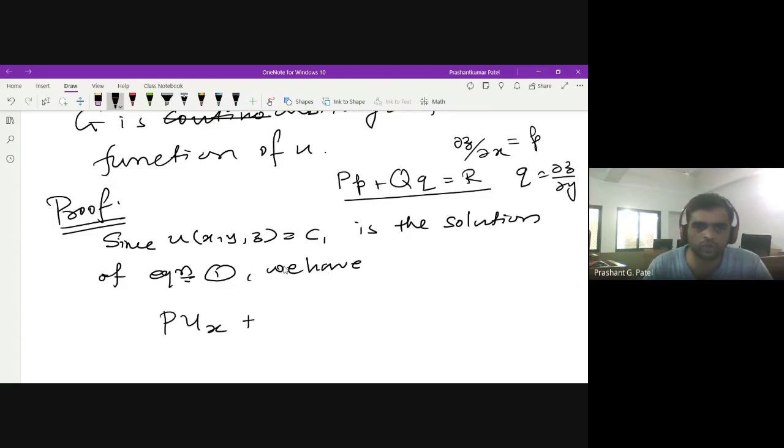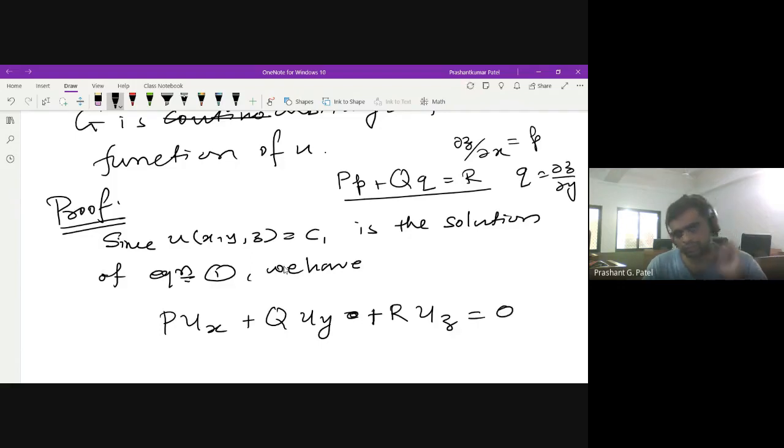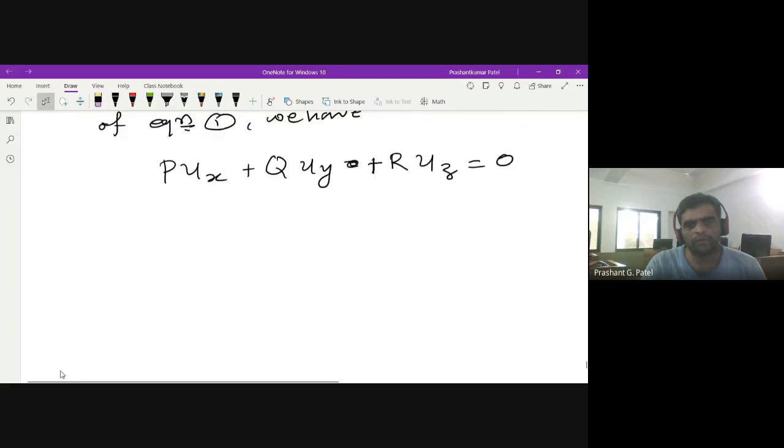So this function u is satisfying this: P into ux plus Q into uy plus R into uz equal to 0. It should satisfy. Similarly, v is the solution of equation 4.